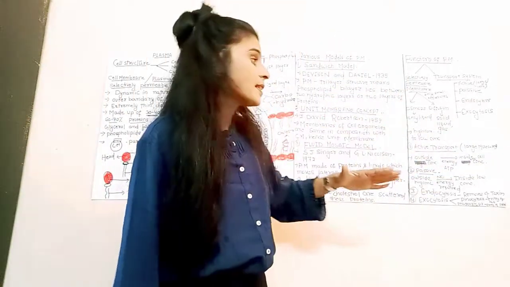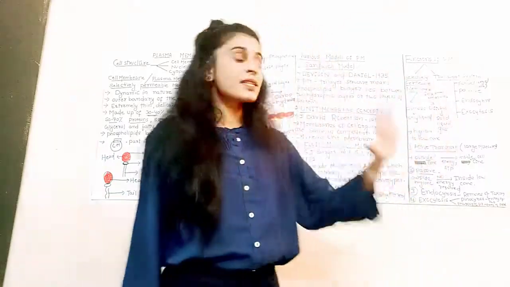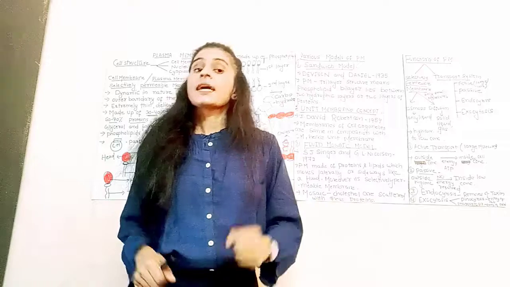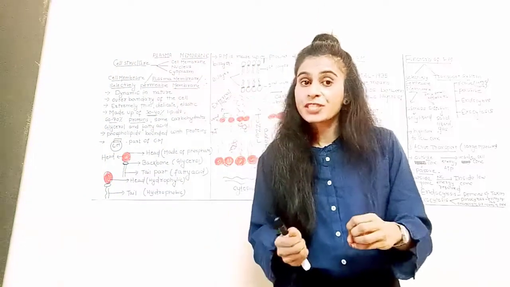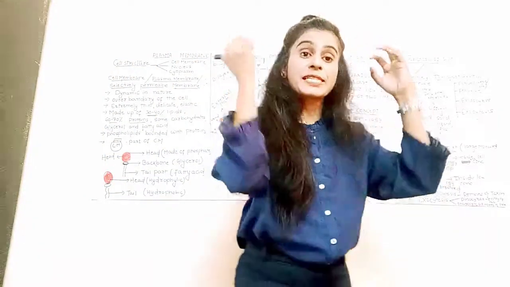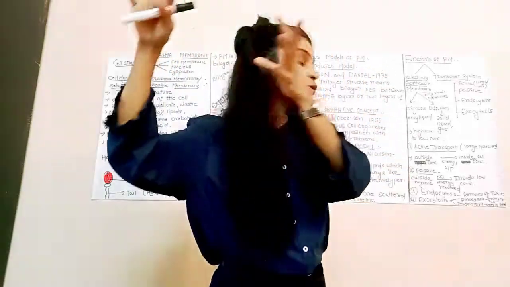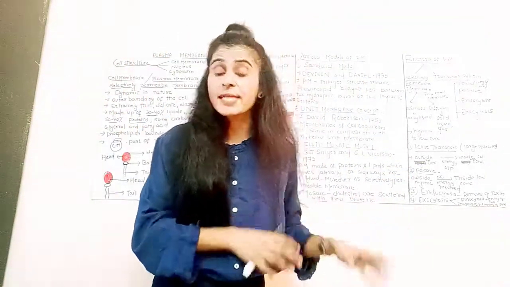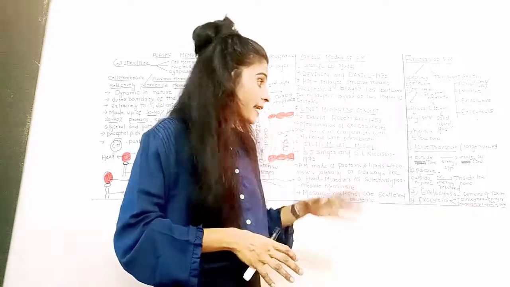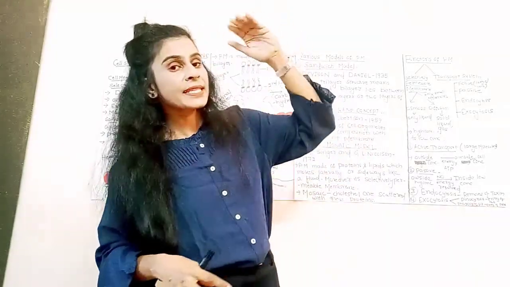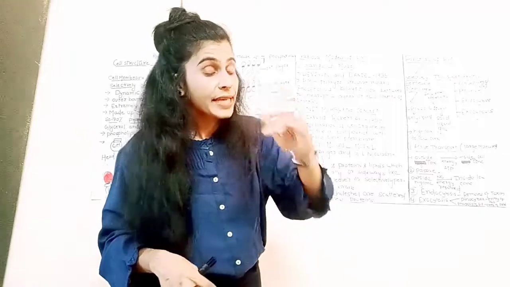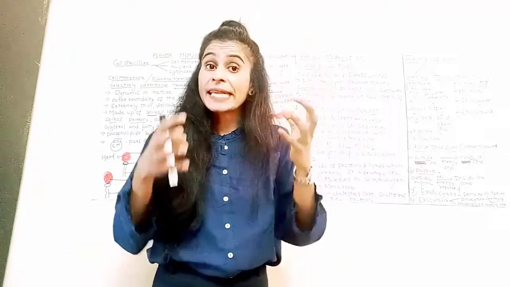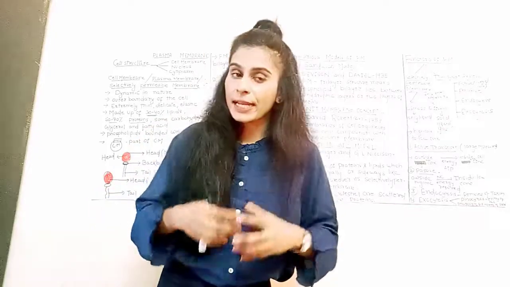When the outside medium concentration is low as compared to the inside of the cell, these larger molecules and ions move inside the cell by taking some energy in the form of ATP.